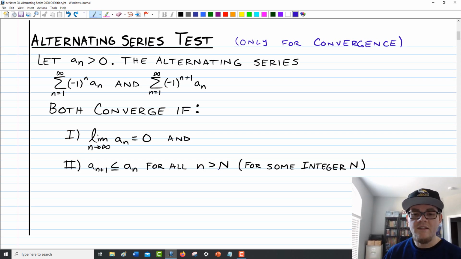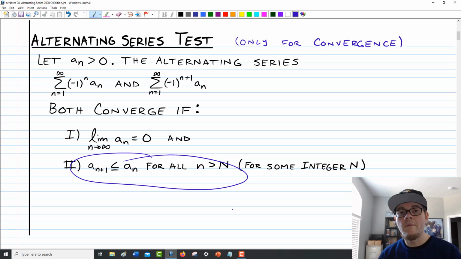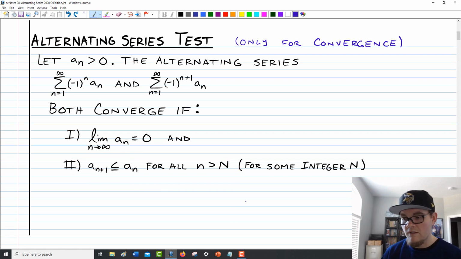Doesn't matter if it doesn't start decreasing till term 1, term 42, term 76,848. Not sure how that would happen, but you do you. But those are the two things that are required. So terms go to 0. And then second, that the terms decrease after a certain point, so that they uniformly decrease.